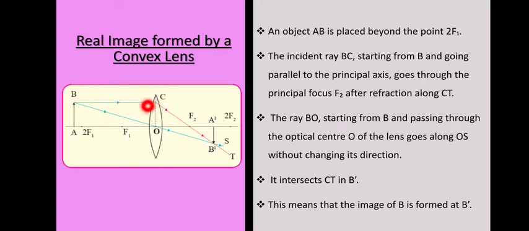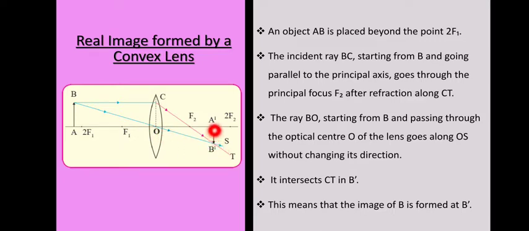This is the incident ray which is going parallel. It will pass through the principal focus, the refracted ray. Now, the second ray which you consider, the ray BO, is passing through the optical center, so it will go straight. So, this point's image will be formed here, correct?